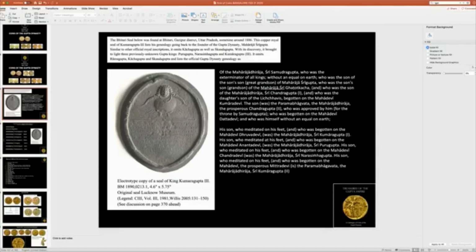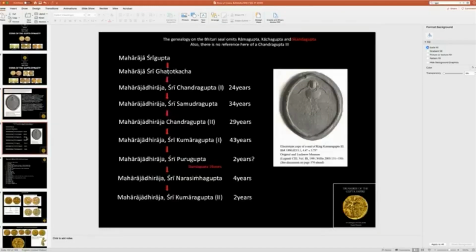So this is important. The reason I bring this up is that the seal does not mention Ramgupta or Kachgupta. It does not even mention the name of King Skandagupta. Now we know Skandagupta was a very important king from his Junagadh rock inscription, and he was there on the scene for at least 19 or 20 years.